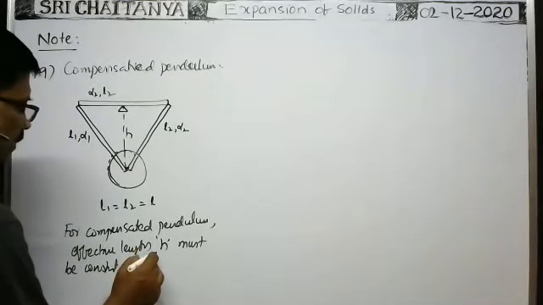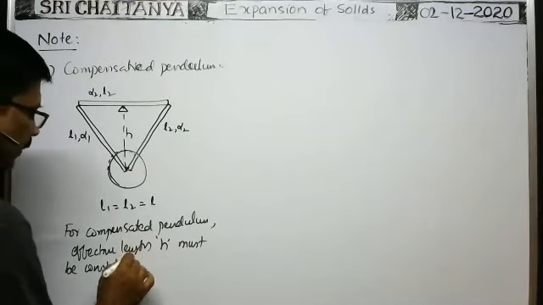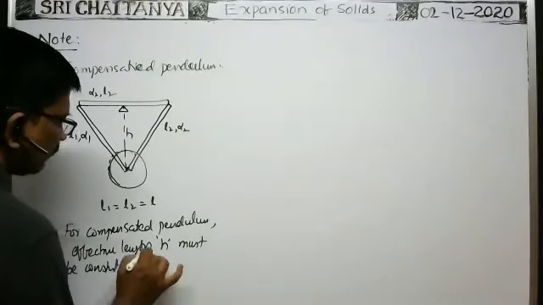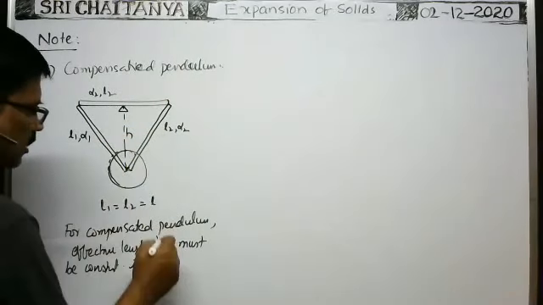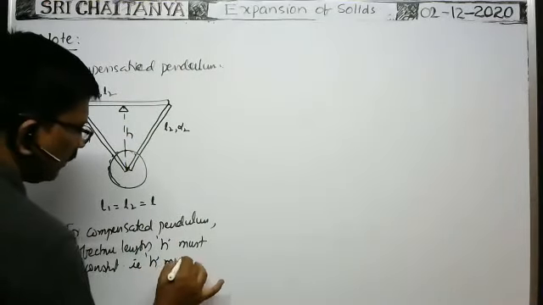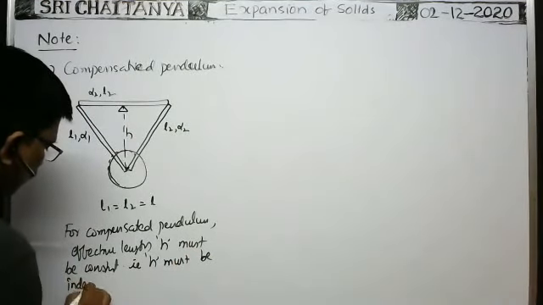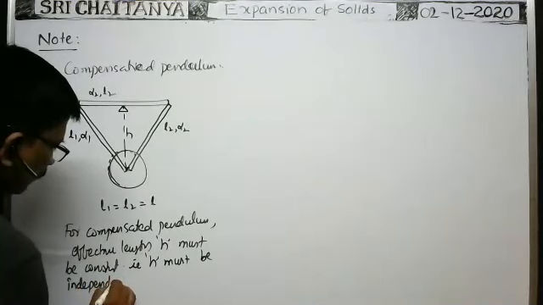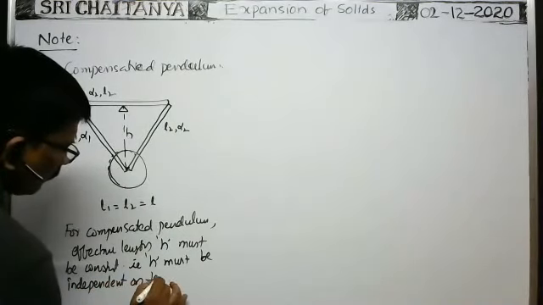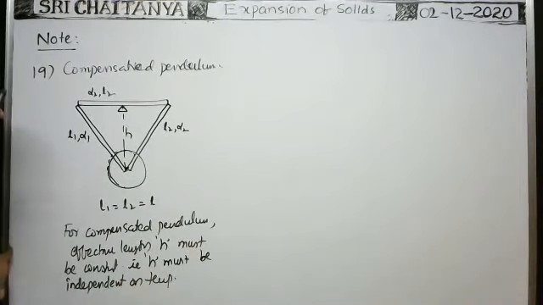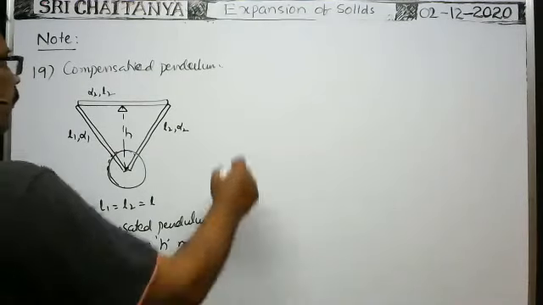Effective length H must be constant means it is independent of temperature. That is, the height of this frame, H, must be independent of temperature. Okay.